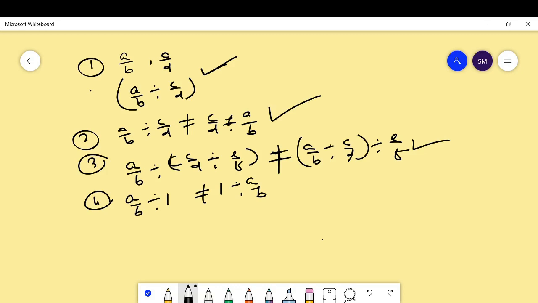Here, C by D are any two rational numbers. I have told that division doesn't satisfy commutative property, associative property, identity property or inverse property.